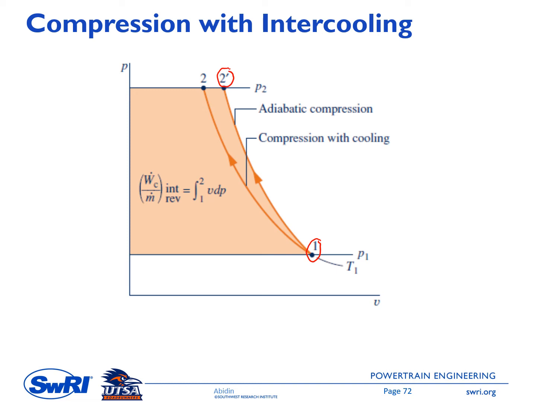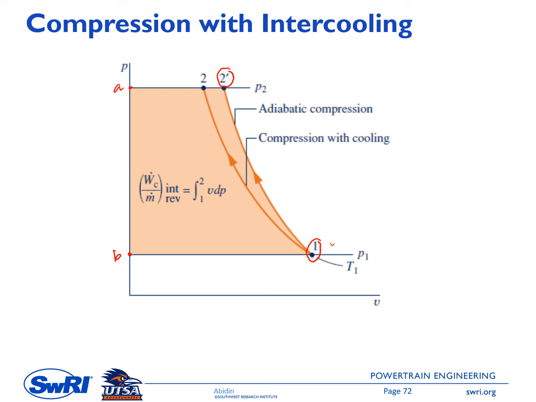This process line is an adiabatic compression, so there is no heat transfer during the compression process. So the area surrounded by point 1 and 2 prime, let me put here point A and then point B, represents the required compression work. It is the work needed by the system to do a compression process. This is what we need to pay.